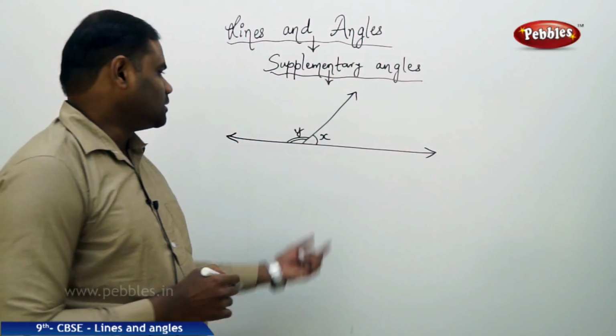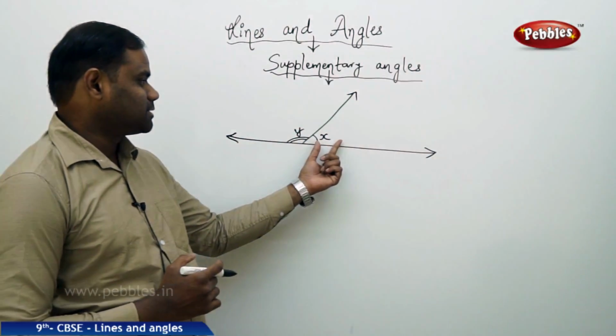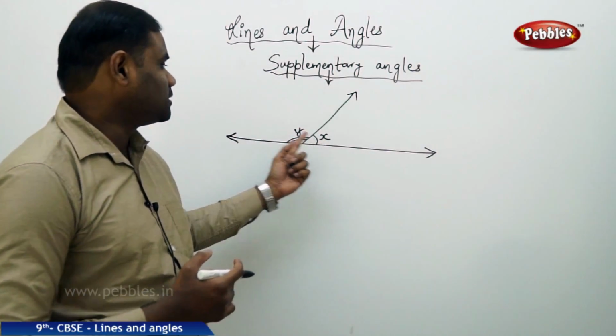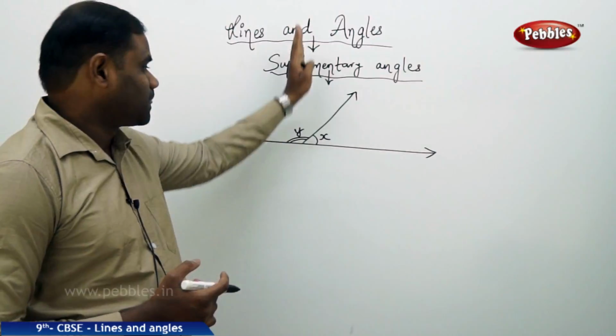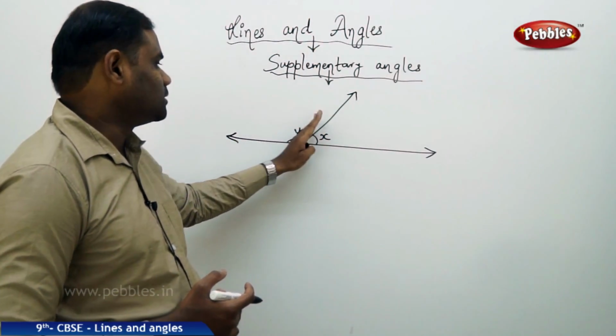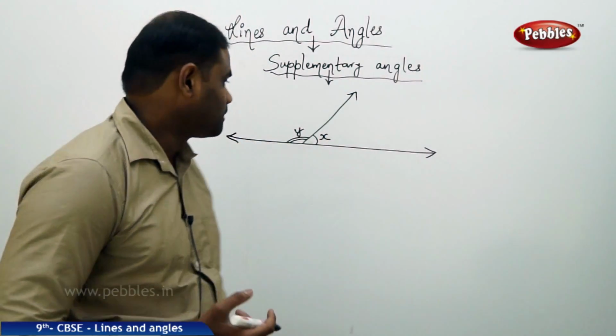Now clearly, when I see this part being angle x and this part being angle y, angle x is acute and angle y is obtuse, because this is less than 90 and this is more than 90, as can be seen with an imaginary perpendicular line. X is acute, y is obtuse.